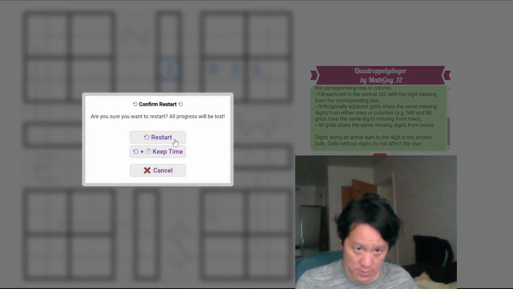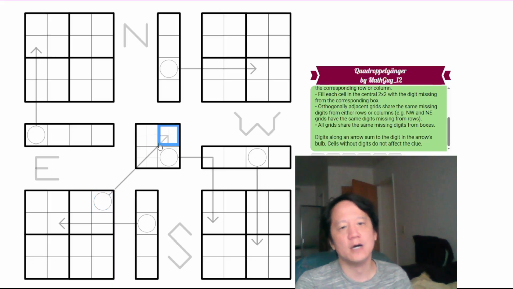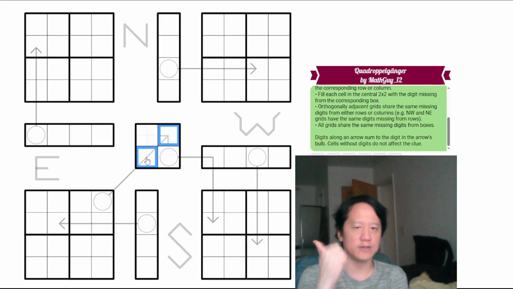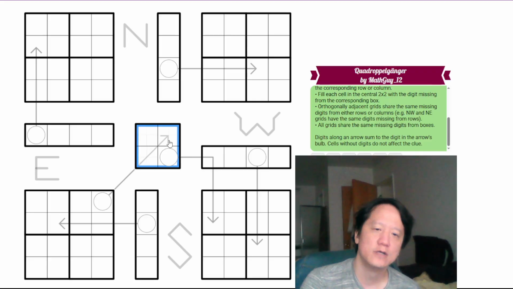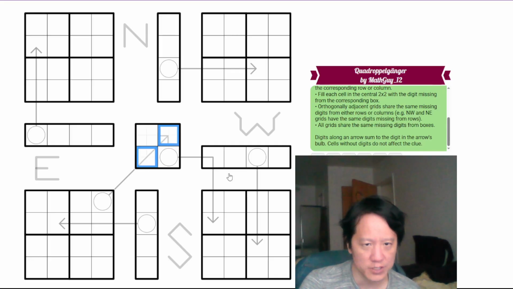Let's go. Okay, these two digits must add up to what that digit is. We have 1 through 4 available in the extra rows and columns here, and the extra square here. So it has to be at minimum 1 and 2 here.